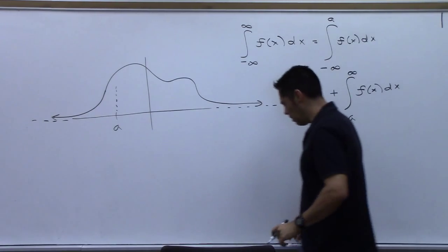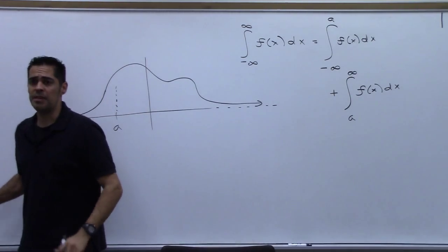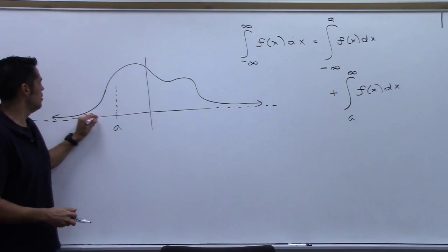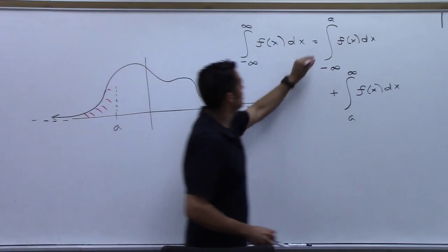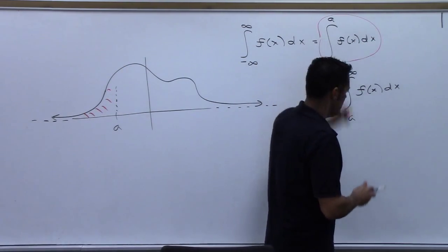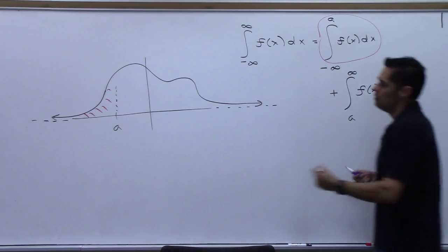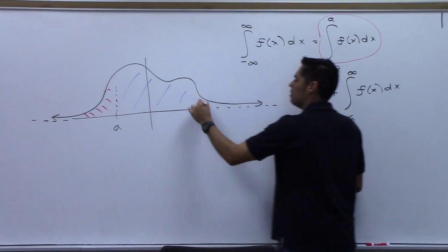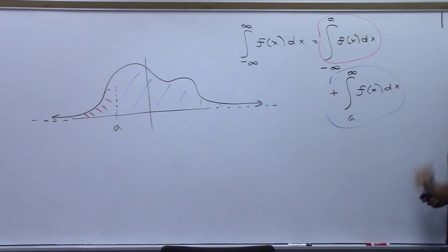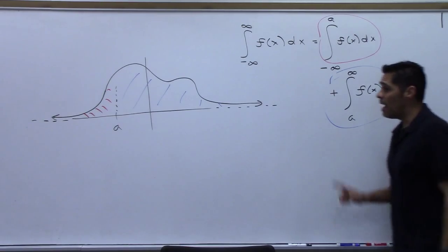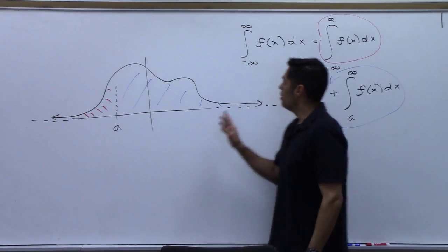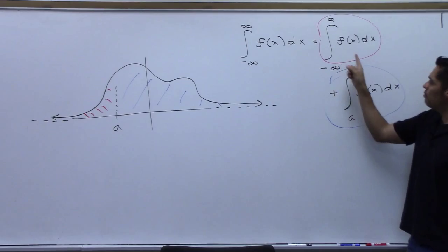So we have basically made two integrals, which means two areas, right? The first integral gives you that, and the second integral gives you that. Yes? But that's the way you have to do it. And look at each of these, the red one and the blue one.